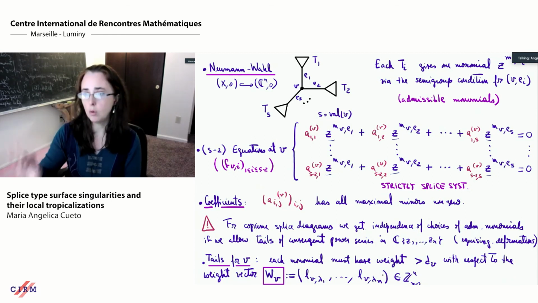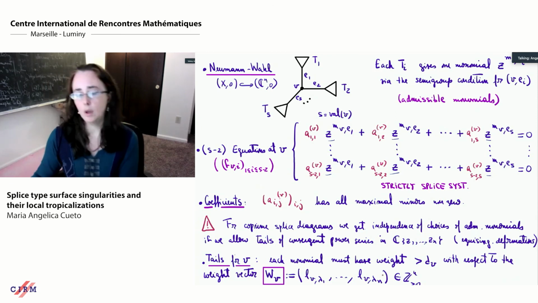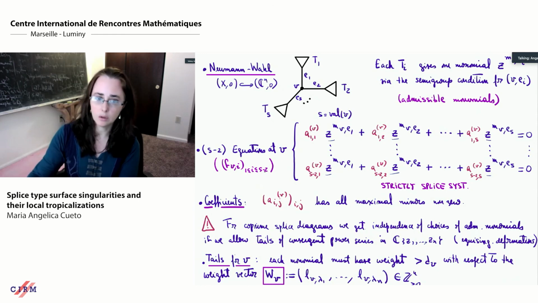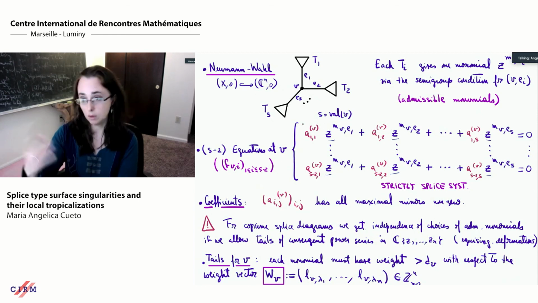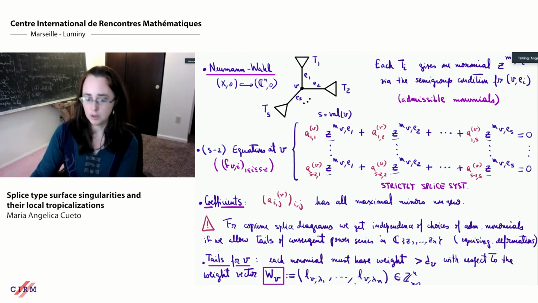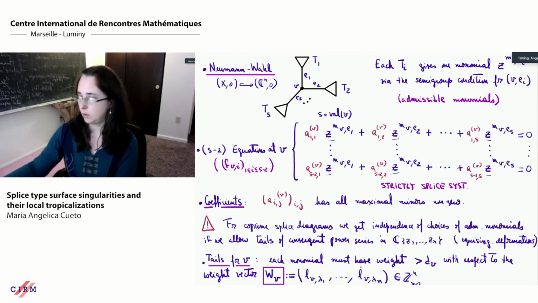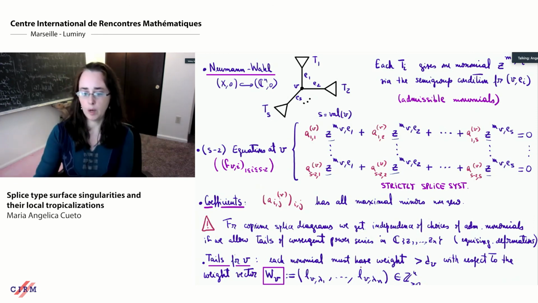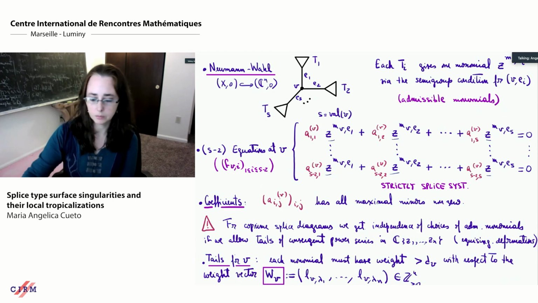But that's the only condition we're going to impose. And the reason behind this is because when we do study the combinatorics of these graphs and their tropicalization, there's no need to impose any extra conditions on the tails. So that's basically what allows us to be a little bit more relaxed in our assumptions on the tails.